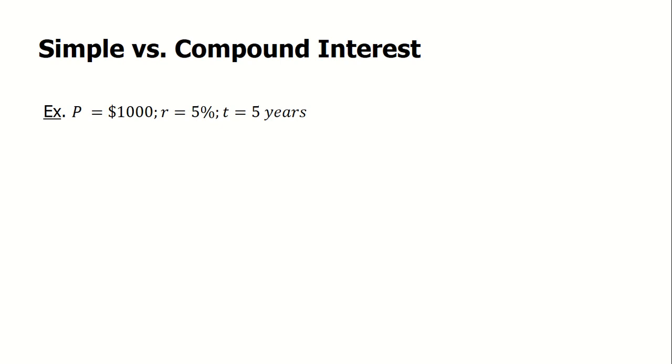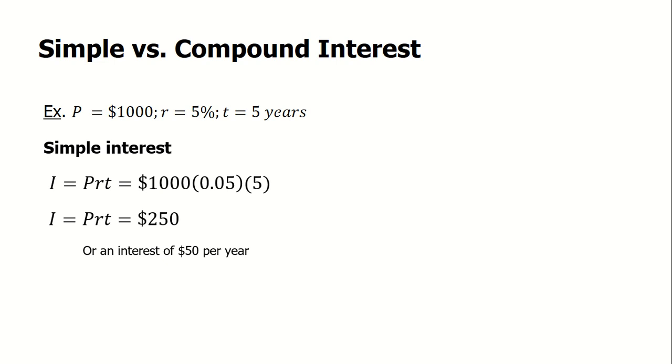So how different is compound interest from simple interest? Let's show using this example. We have a principal of $1,000, an interest rate of 5%, and an interest period of 5 years. Even though the time period is 5 years, let's use the simple interest formula just to differentiate the two.